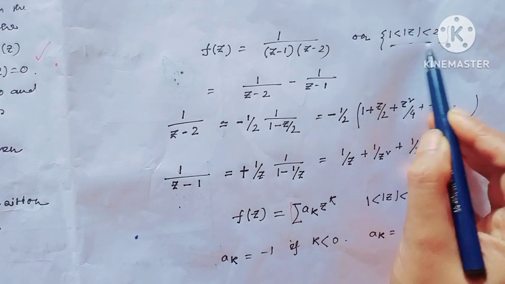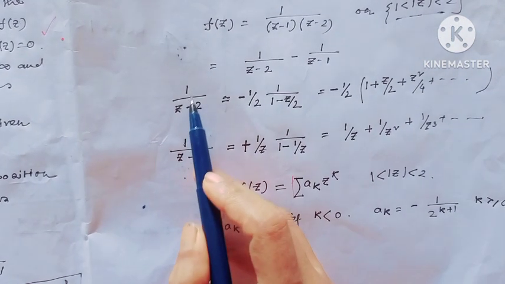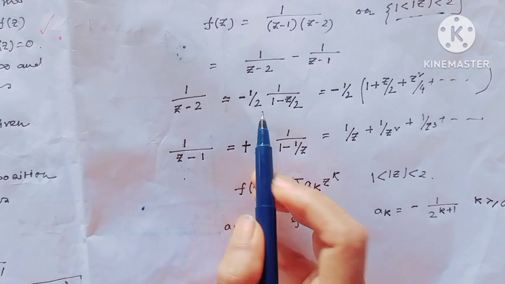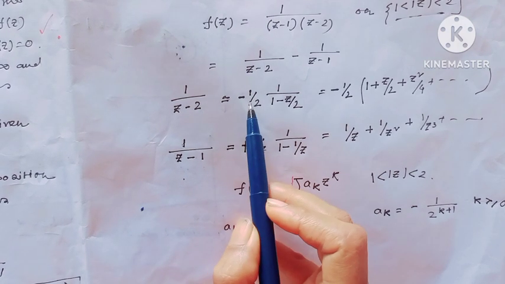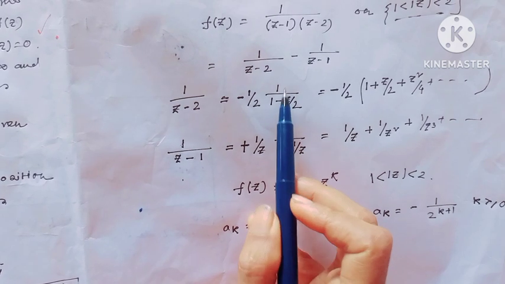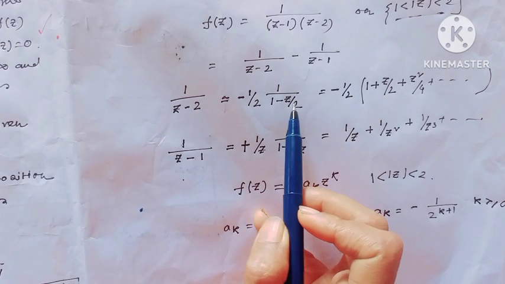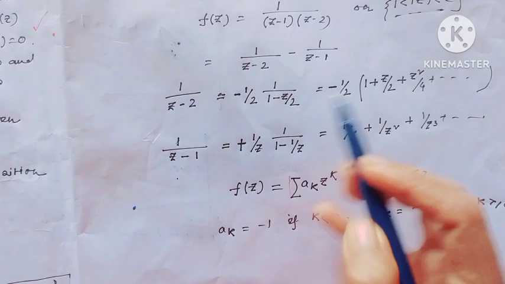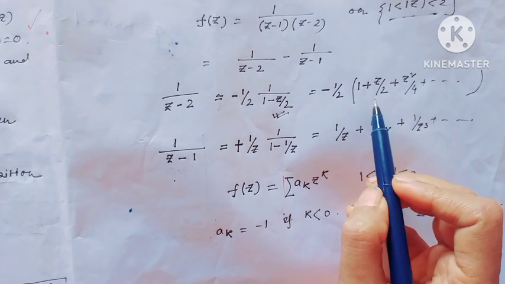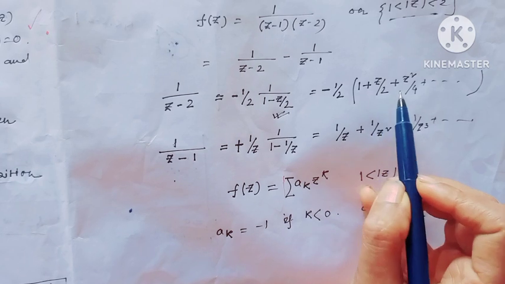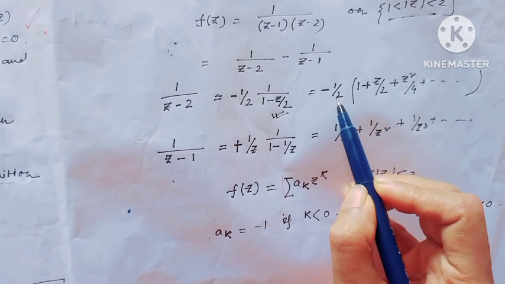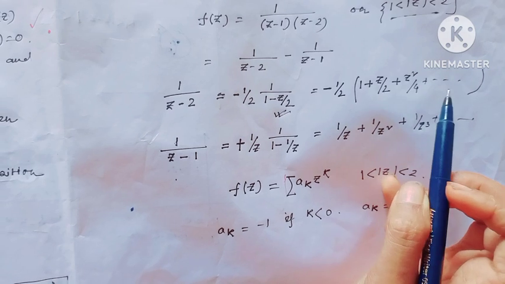In this region, the Laurent series would be: 1 over (z minus 2) we can write as minus half times 1 over (1 minus z over 2). And this is a geometric series, 1 plus z over 2 plus z squared over 4 and so on. That means this is minus half times (1 plus z over 2 plus z squared over 4 and so on).